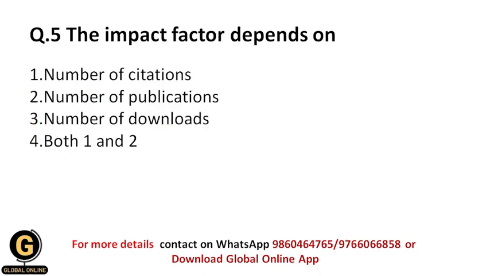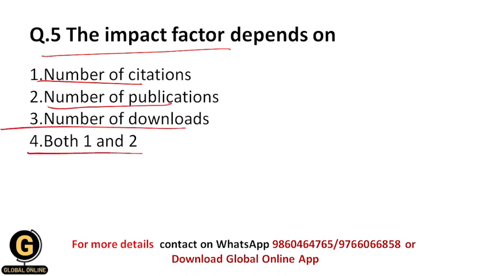Next is, impact factor depends on. On what things does impact factor actually depend? Whether number of citations, number of publications, number of downloads, or both 1 and 2. So students, if we see the definition of impact factor, or if we calculate the impact factor, we divide the number of times articles are cited in the last 2 years by the total number of publications in these 2 years.